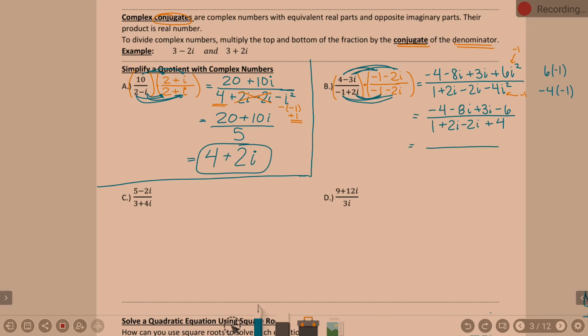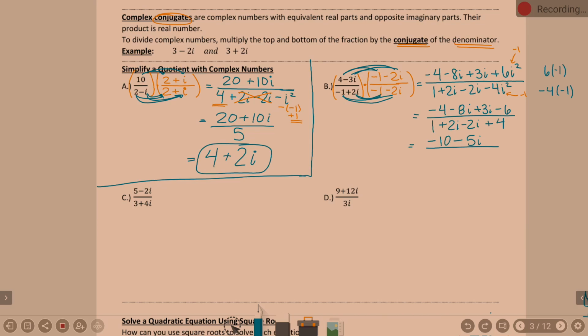On top, what can I clean up? 8i and 3i. Minus 8i plus 3i is going to be minus 5i. What else can I clean up? -6. Yeah, like terms. -4 minus 6 is -10.